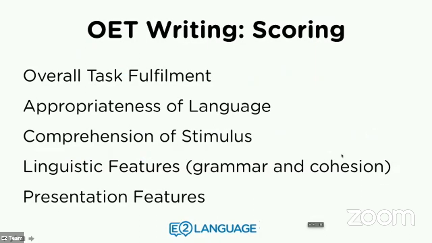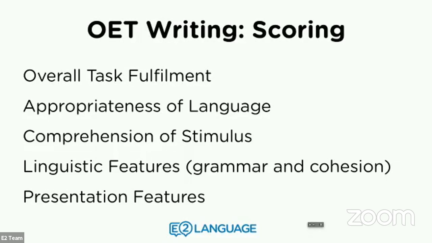First of all, let's talk about the scoring, because your letter format does actually come under the criteria. So if you remember correctly, you are graded. Your grade depends on 5 things. You're graded on overall task fulfillment, whether you write your letter according to the needs of the reader. You're graded on appropriateness of language, whether you use the right formality and whether you structure your letter accordingly.